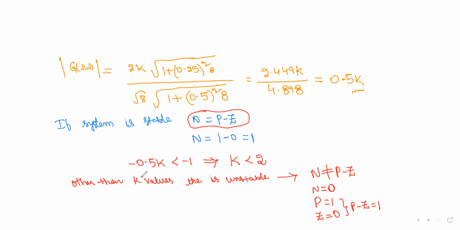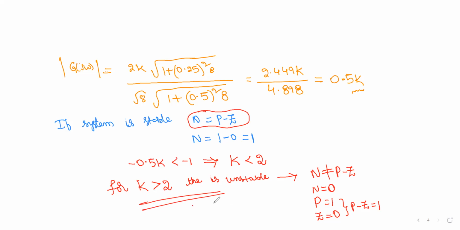So other than K less than 2 values, means for K greater than 2, the system is unstable.